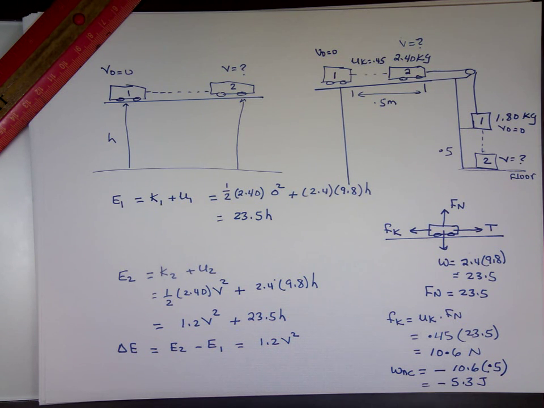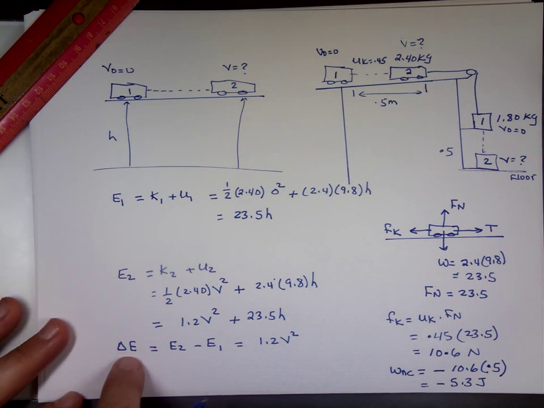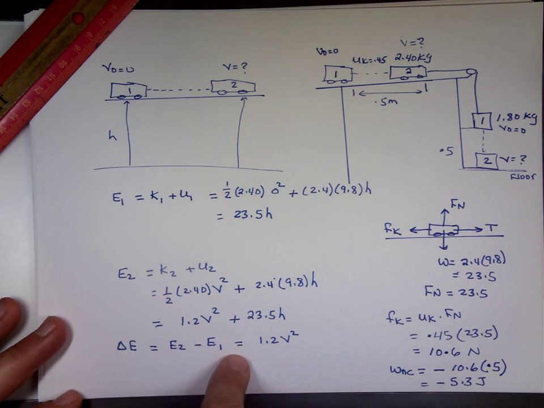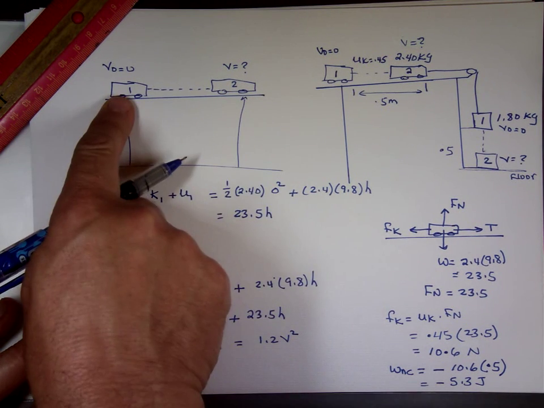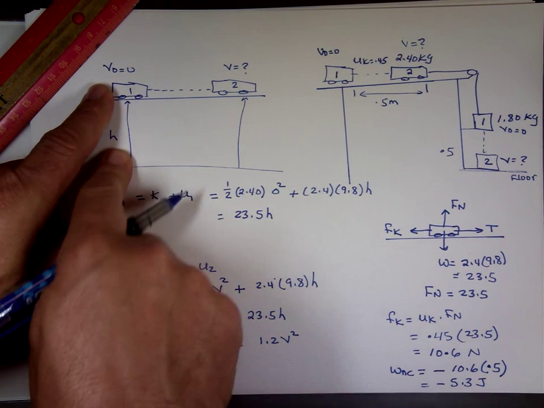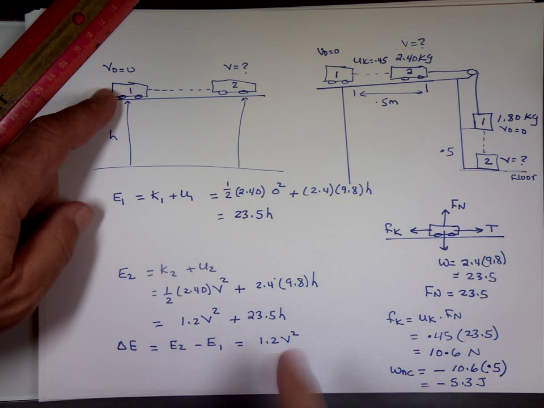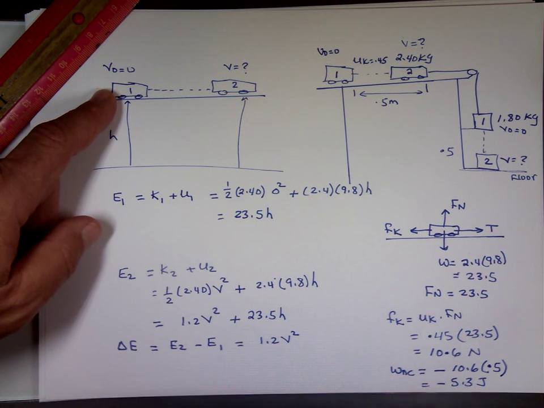Now let's look at the one up and down. I want to do everything while I'm looking at it. The change in mechanical energy, the final minus the initial, is this minus that. Whatever energy I had at 1, add to it this number, and it should equal what we had here.